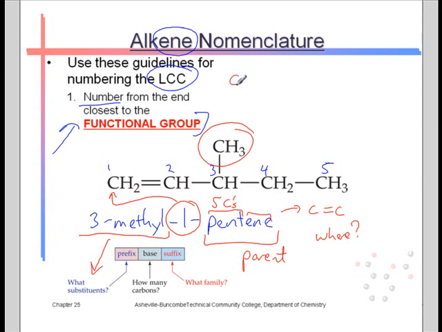Let me draw it up here. I want to move the double bond just 1 position over, and it's going to change the name of the molecule. It's going to change the layout of the condensed structural formula to this guy, and let me just make sure I got everything up here. I have 1, 2, 3, 4, 5, 6 carbons.